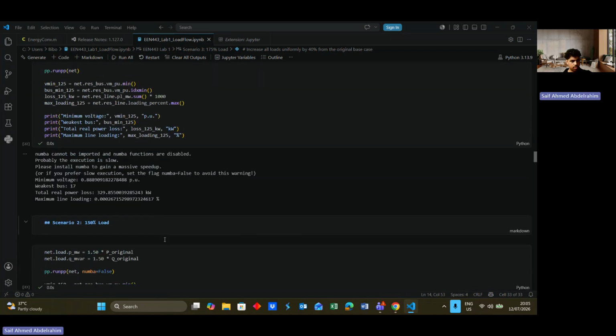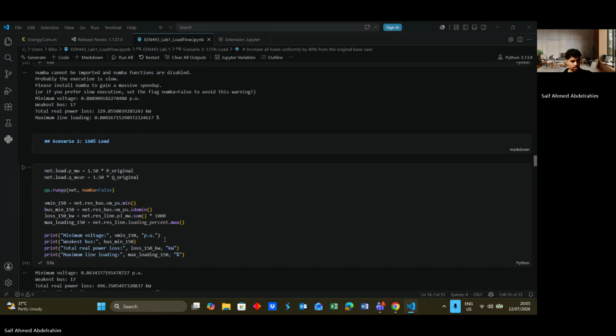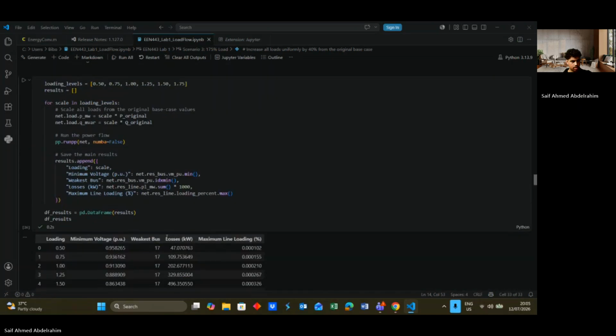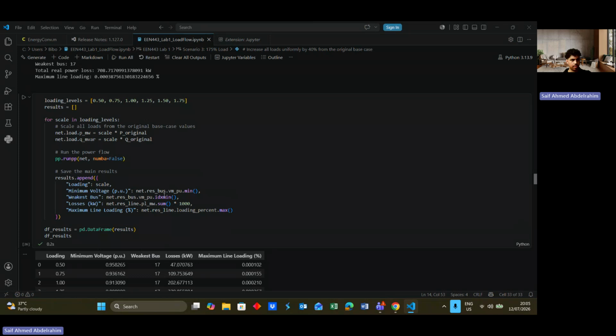Next part will be here. I increased all active and reactive loads using multipliers from 0.5 to 1.75. For each case, I recorded the minimum voltage, weakest bus, total losses, and the maximum line loading.